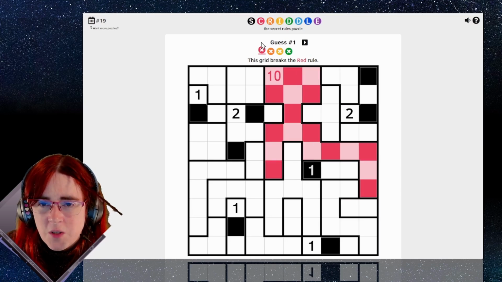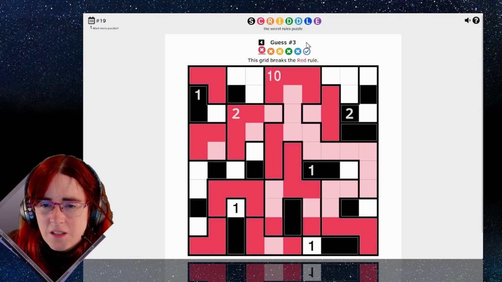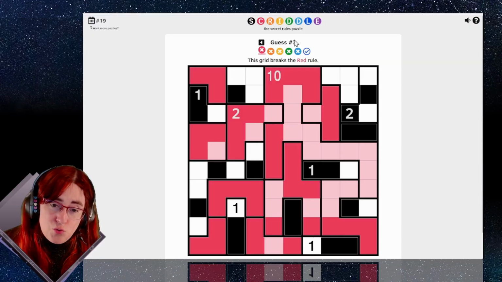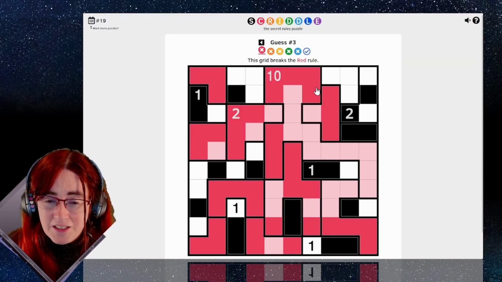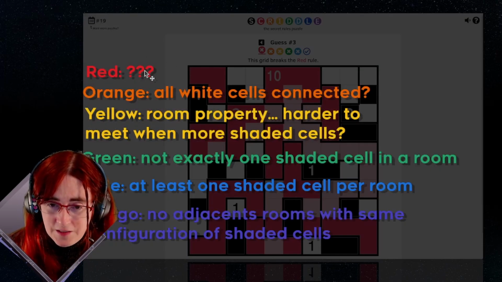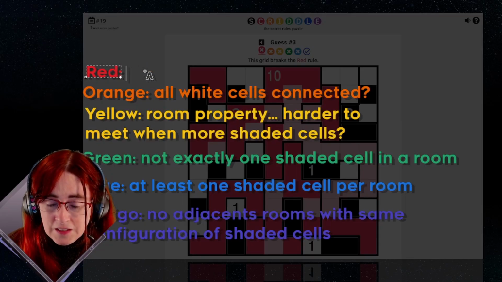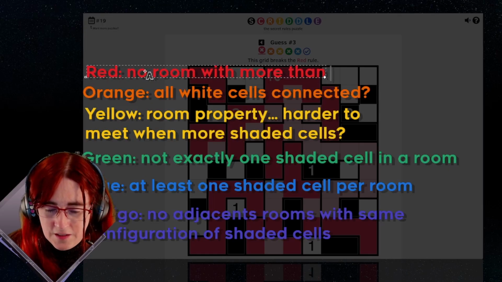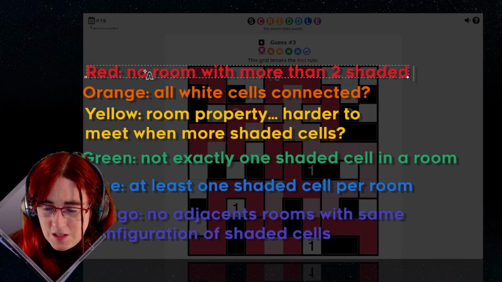Yeah, because we didn't shade very much on the earlier guesses. Okay, so every room has to have 2 shaded cells, we think, and that means okay, that's this one. No room with more than 2 shaded cells.